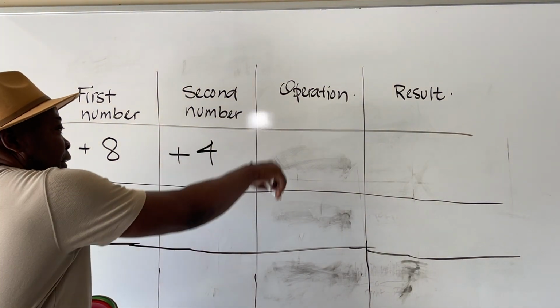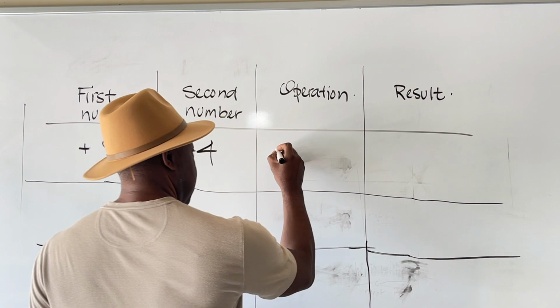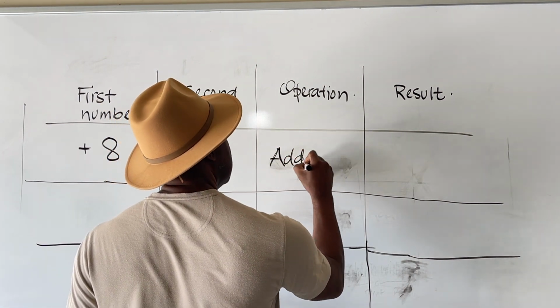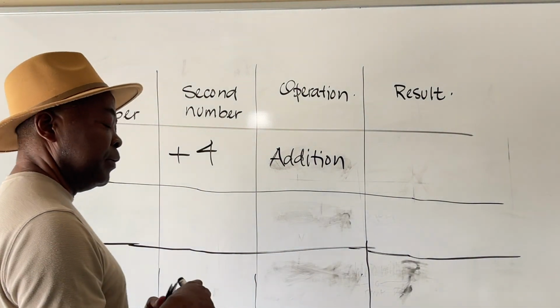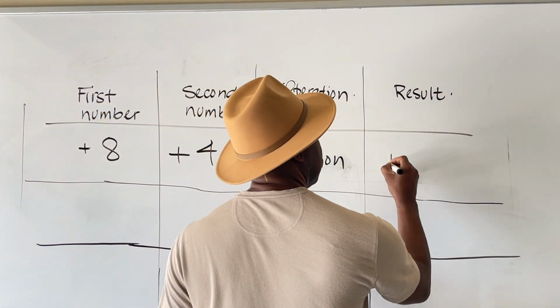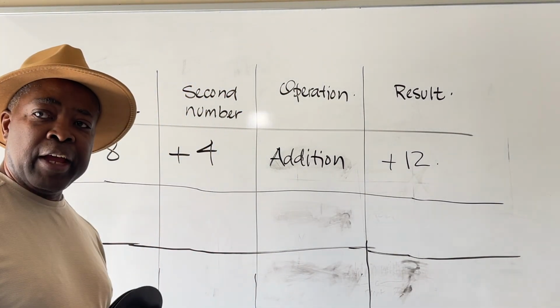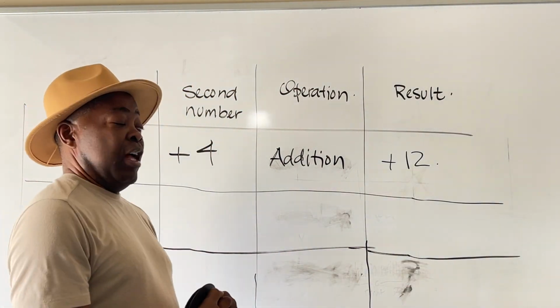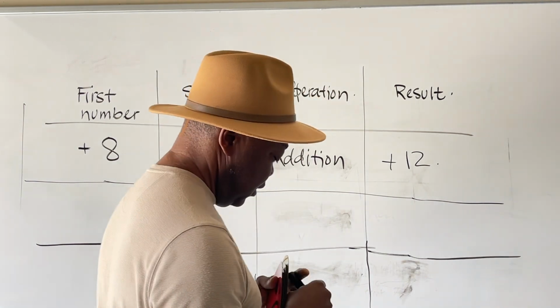What do I do here? What operations do I have? Addition. Good. I have addition. And what's the result? Plus 12. Very good. Okay? So you could have written 12 because when it's plus, we just don't write the sign. If it's negative, then we need to write.